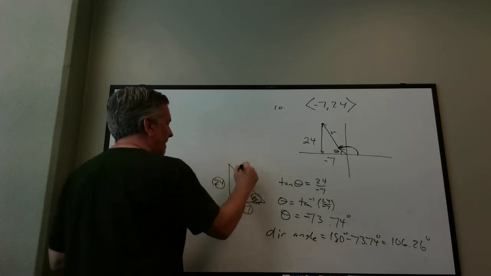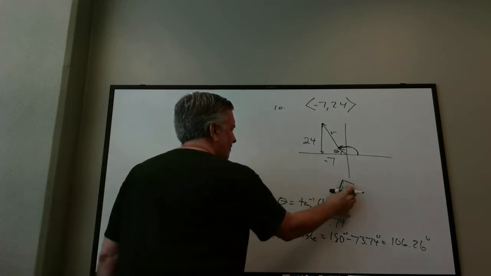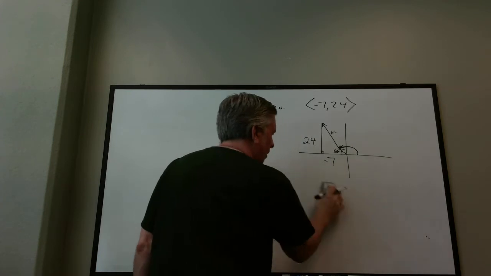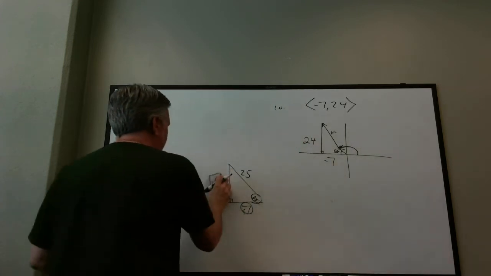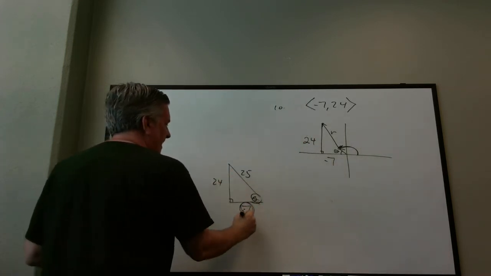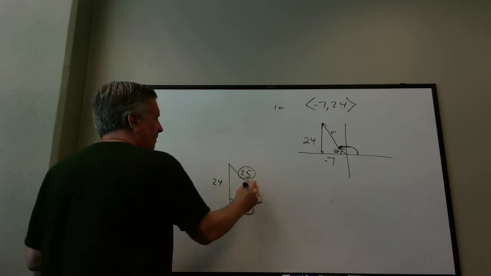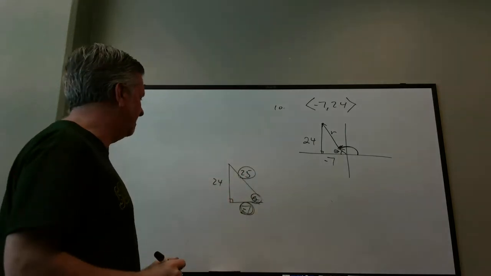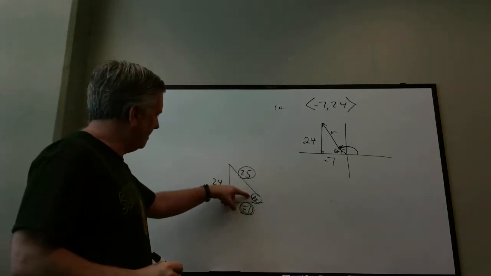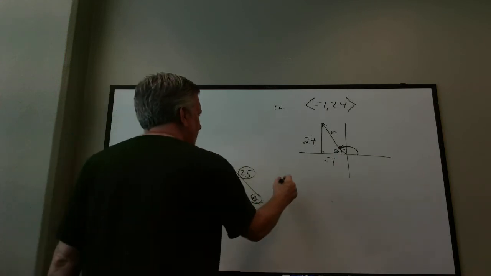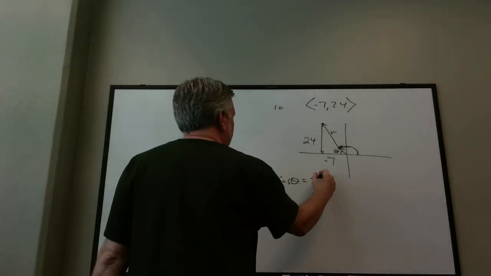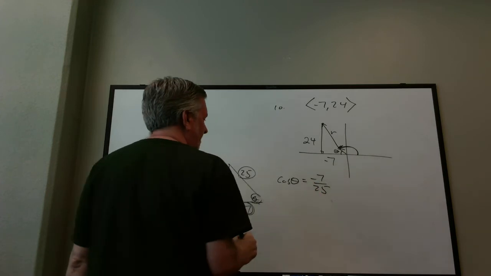Suppose, on the other hand, we had chosen the -7, assuming you left the negative there, and the 25. Then you would have said that's adjacent and hypotenuse, that's cosine. So cosine theta would have been -7 over 25.